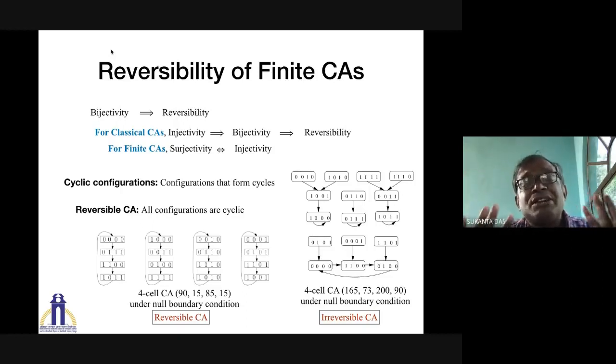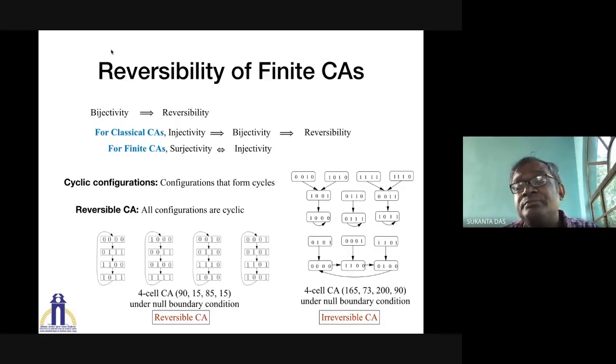Now in our discussion, we shall concentrate only on finite CAs. On the left hand side you have an irreversible CA, and on the right hand side I have given an example of a reversible CA. The irreversible CA is not surjective and not injective. It is a 4-cell CA 165, 73, 290, which we took in the previous class also.